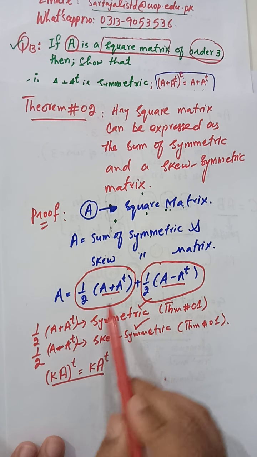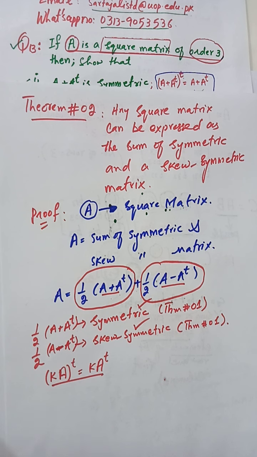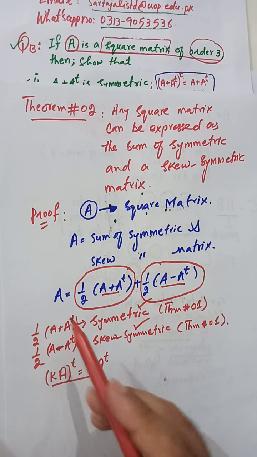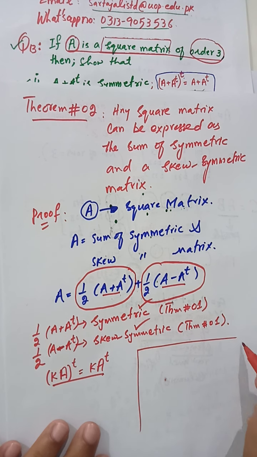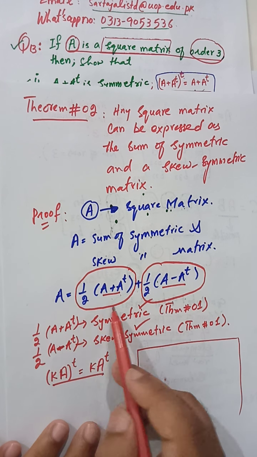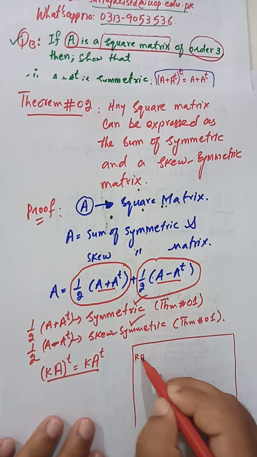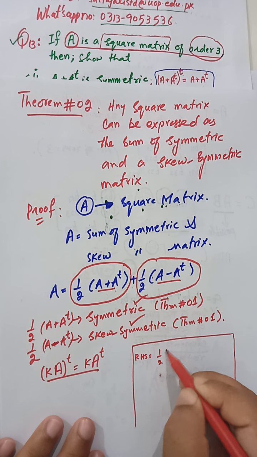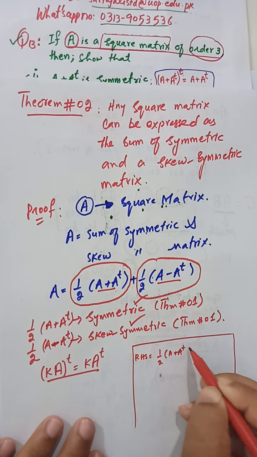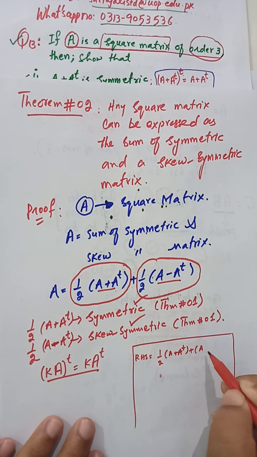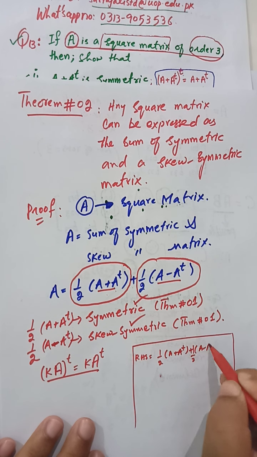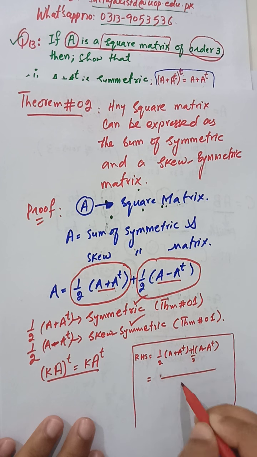You see that A is written as the sum of a symmetric matrix and a skew symmetric matrix. If someone is confused about how A is equal to this, consider the right hand side: 1 by 2 (A plus A transpose) plus 1 by 2 (A minus A transpose). So the LCM is 2.